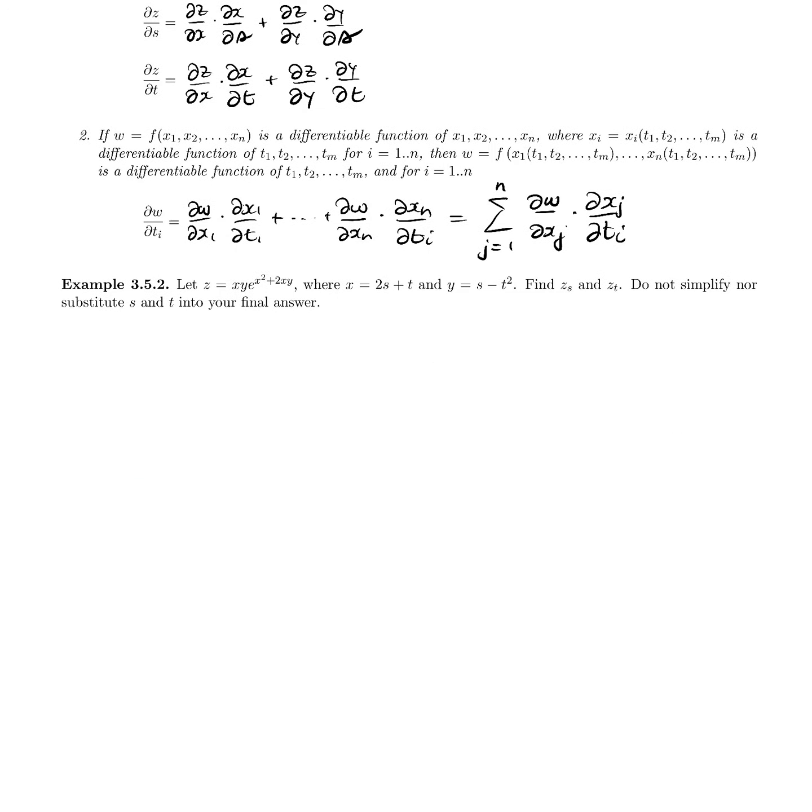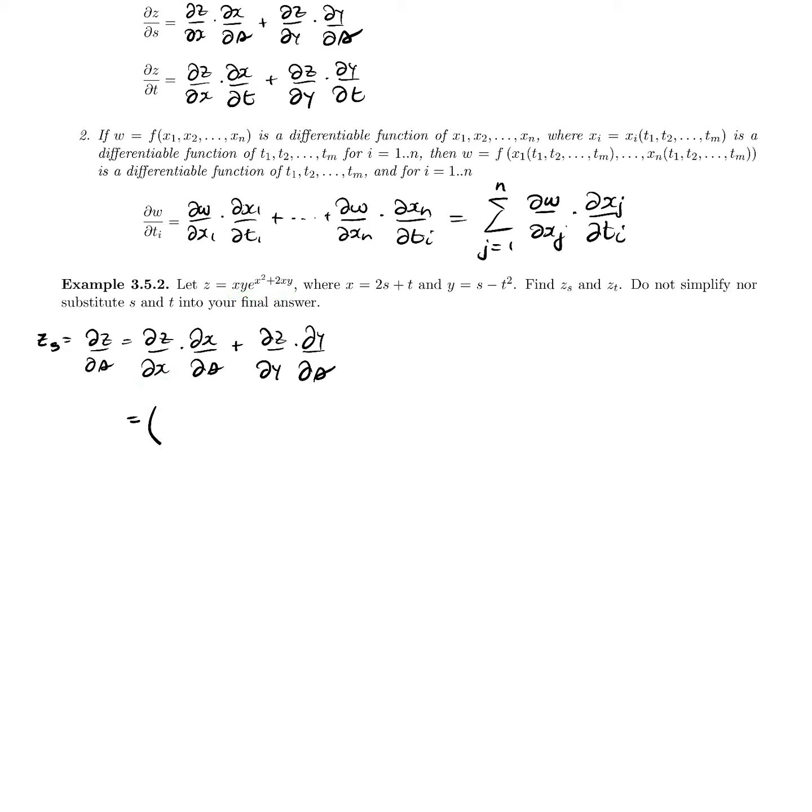So z sub s. Z sub s is another notation for del z del s, and using the chain rule, that is del z del x times del x del s plus del z del y times del y del s. We'll do this all in line. Del z del x is going to be the partial derivative of this expression with respect to x.